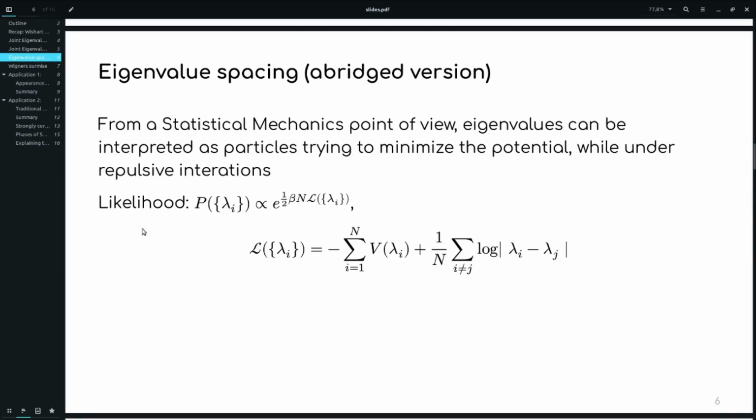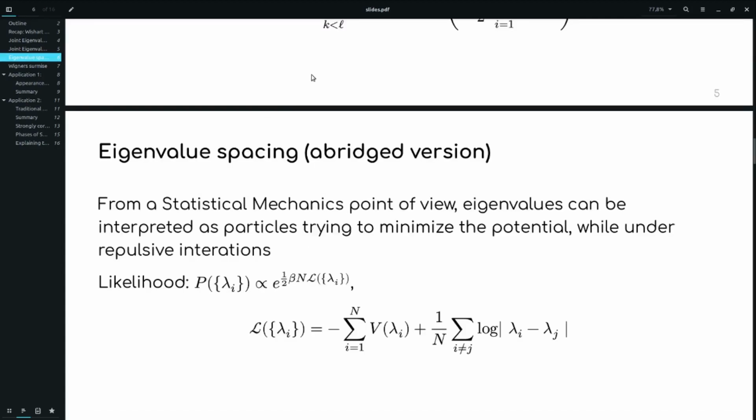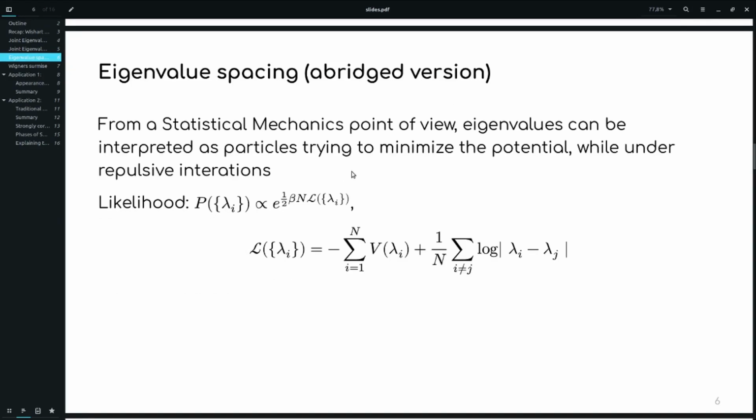Right, so this thing, you're looking at the log likelihood of the eigenvalue density, or not the eigenvalue density, the joint eigenvalue probability. You look at the log likelihood of it, and it's a term that depends on the potential applied to each eigenvalue. And you have this term, the sum of log absolute value lambda i minus lambda j.